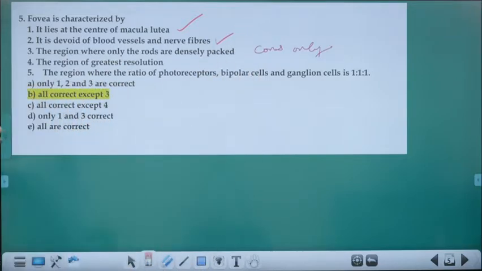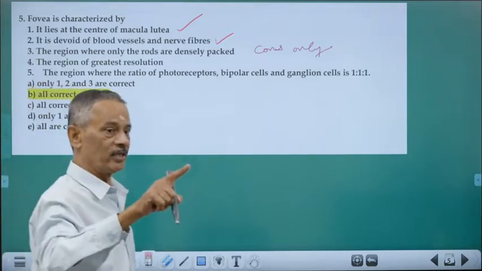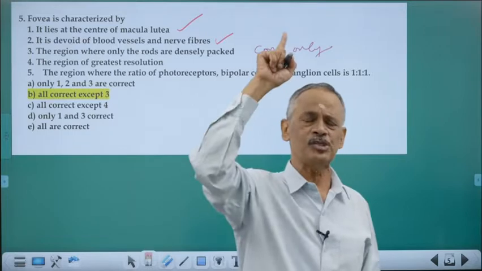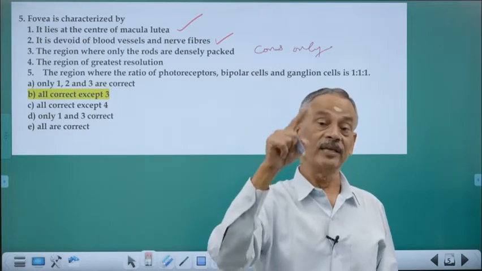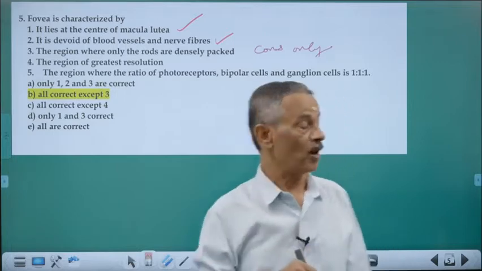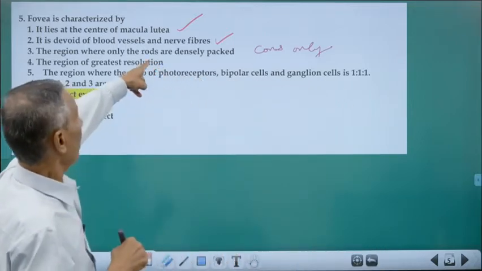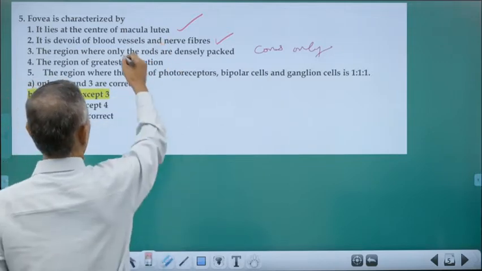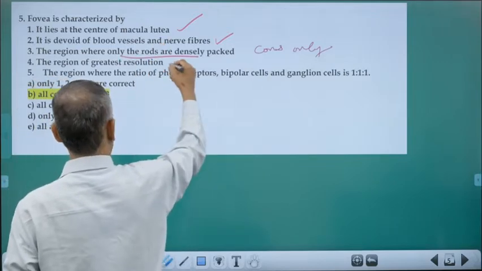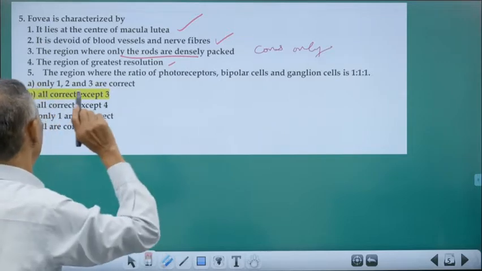Region where only rods are? No. This is the region of maximum acuity, maximum resolution, most clarity. Pictures are seen when images fall on this part. So they are all having only cones, not rods. That is why it is wrong. Region of greatest resolution and clarity.